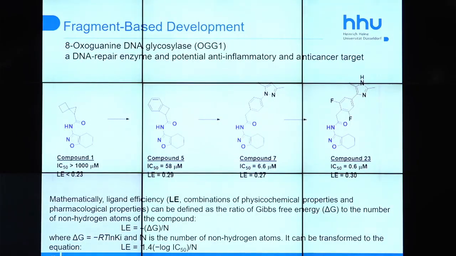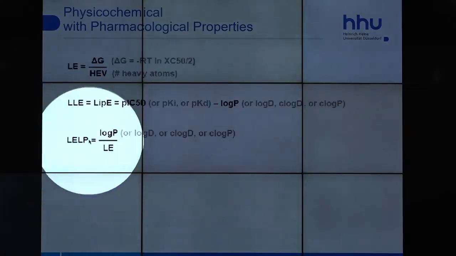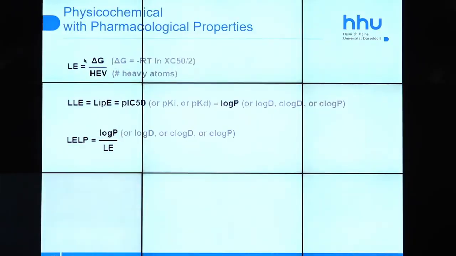So this ligand efficiency is, to my mind, quite a useful point. Or LELP, the logP value divided by ligand efficiency, is sometimes more useful because it takes the lipophilicity more into account. It depends on whether your ligand binding depends strongly on lipophilicity or on distribution or things like this.